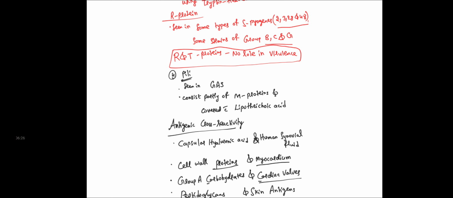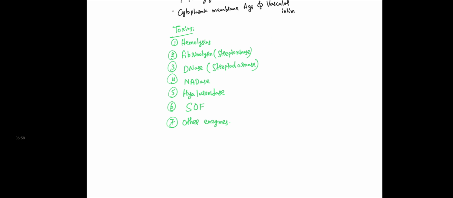For example, the capsular hyaluronic acid shows cross-reactivity with human synovial fluid. Likewise, cell wall proteins cross-react with the myocardium, group A carbohydrate with the cardiac valves, peptidoglycans with skin antigens, and cytoplasmic membrane antigens with the vascular intima.